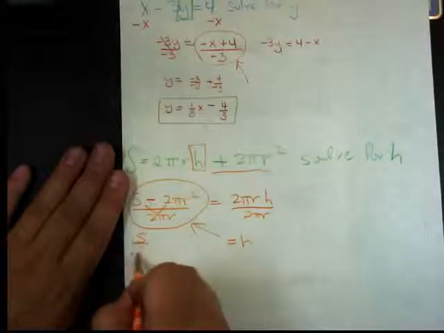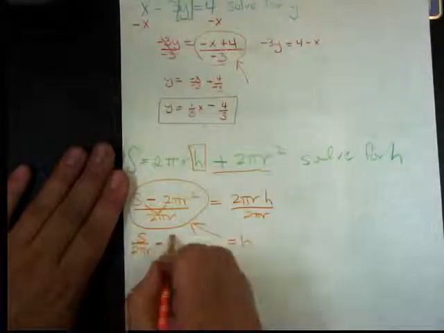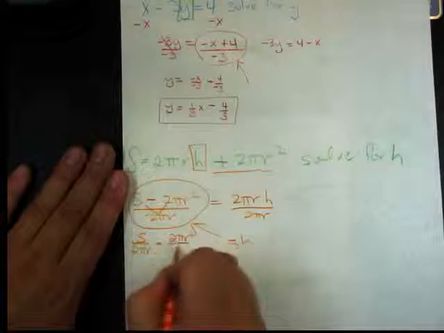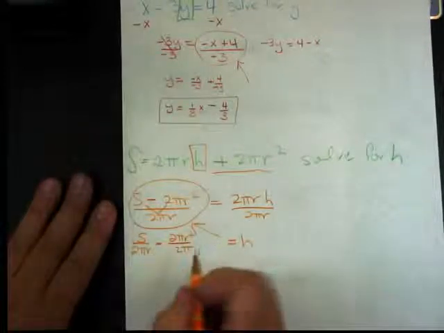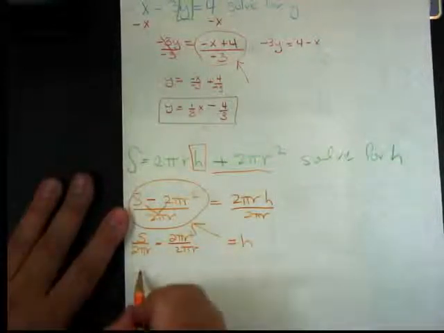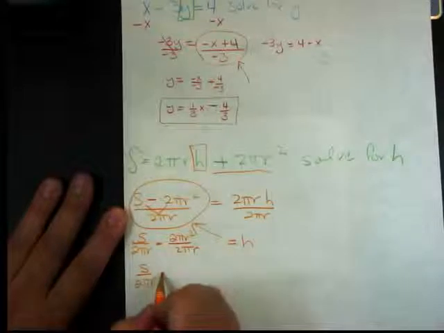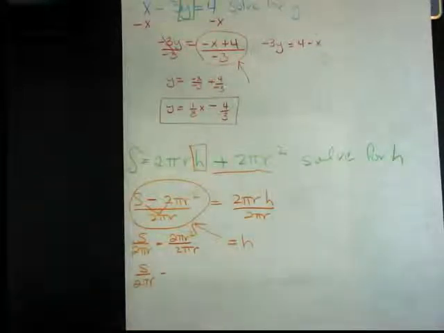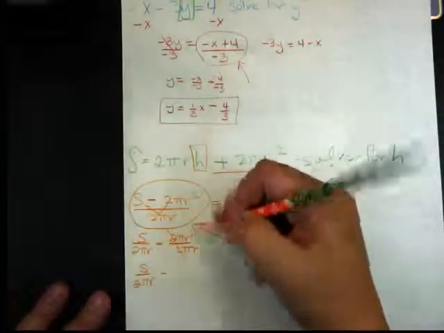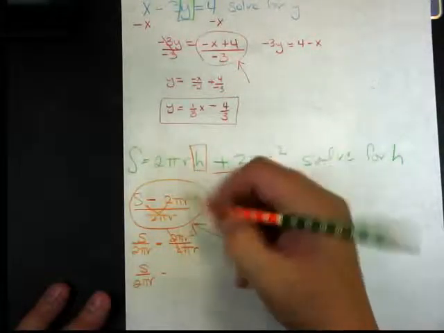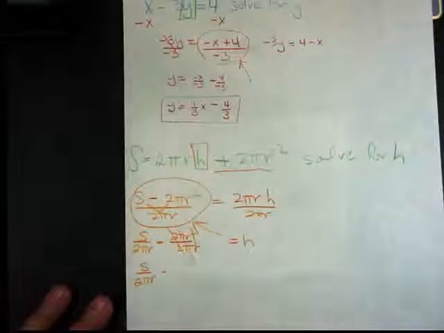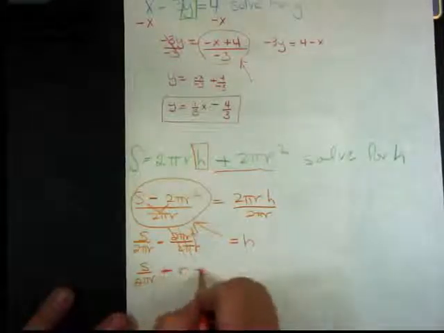So s over 2 pi r minus 2 pi r squared over 2 pi r. The first one does not reduce, so it would stay as 2 pi r. The second one, the 2 does reduce, the pi does reduce, and the r reduces the exponent. So it would be minus r.